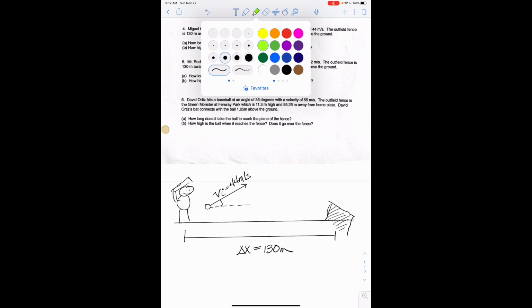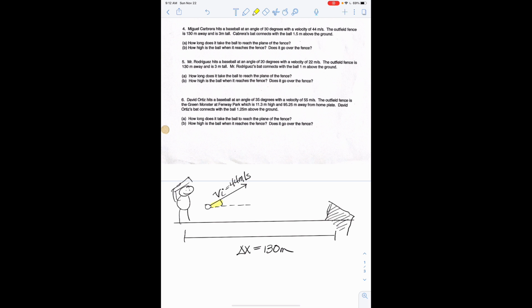I'm going to put a little yellow right there, and that'll be my theta. So here we have a vector that's directed in the x and the y direction. And just like last time, one of the themes for these problems was to split this into components. So let's go ahead and do that. We're going to work in each direction independently to solve this.